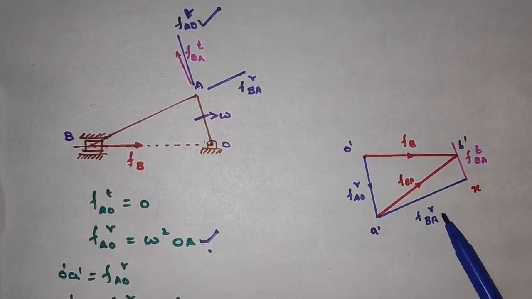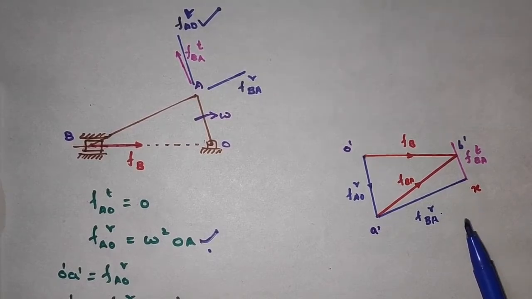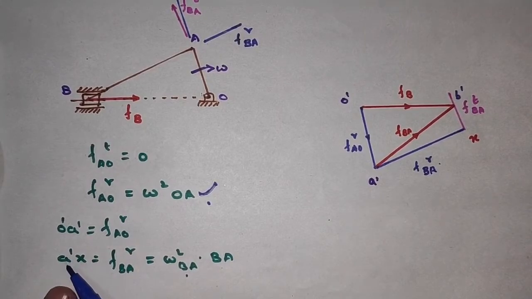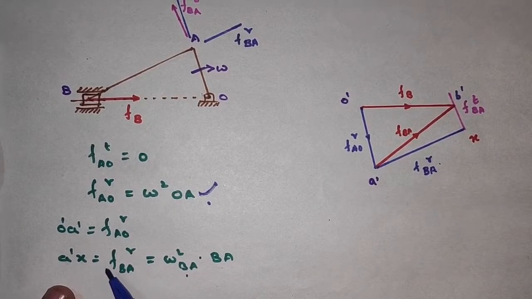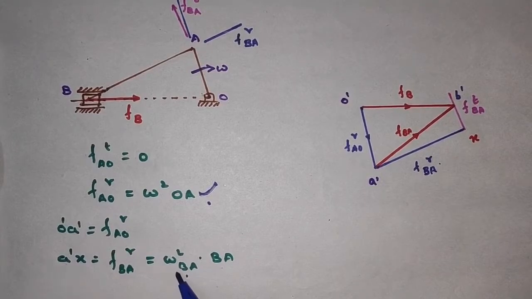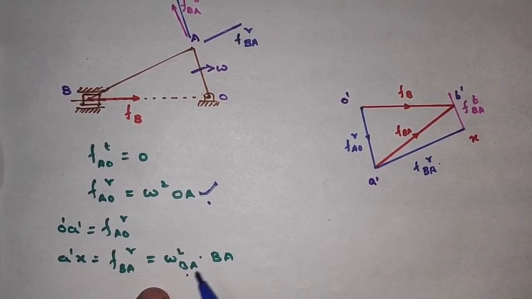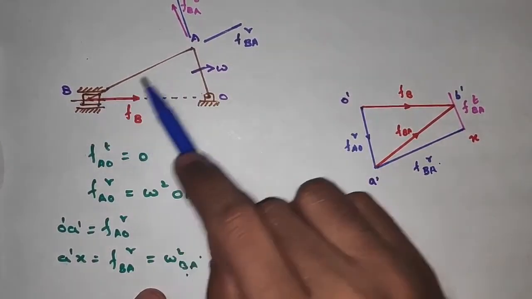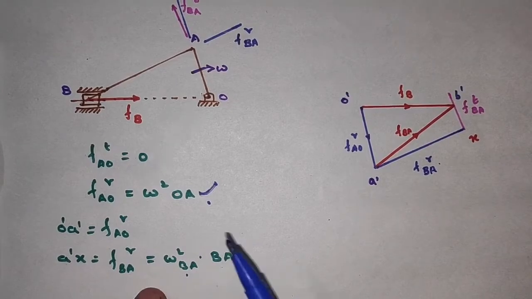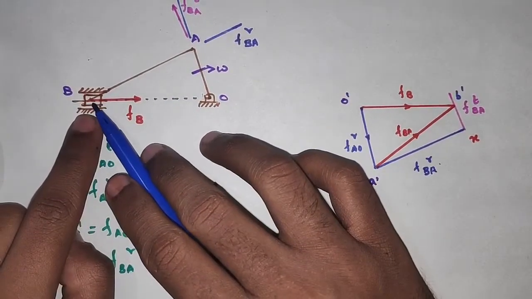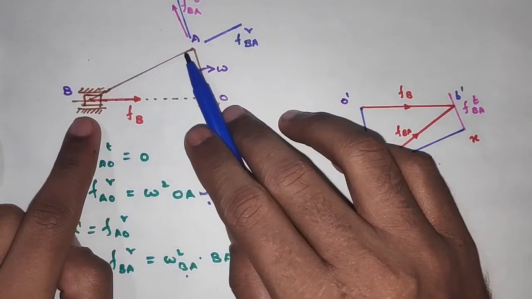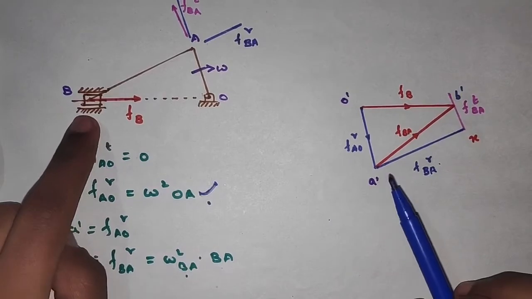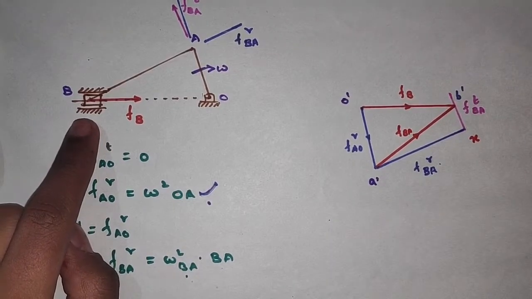We only know the magnitude of the radial component, and that is determined using this equation: A dash X is equal to FBA radial, which is nothing but omega square BA into BA. This omega square BA we can get through the velocity diagram of this slider crank mechanism. In this velocity diagram we have determined the velocity of link AB. You can refer to the video on how to determine the velocity of the slider crank mechanism on the top right corner YouTube card.